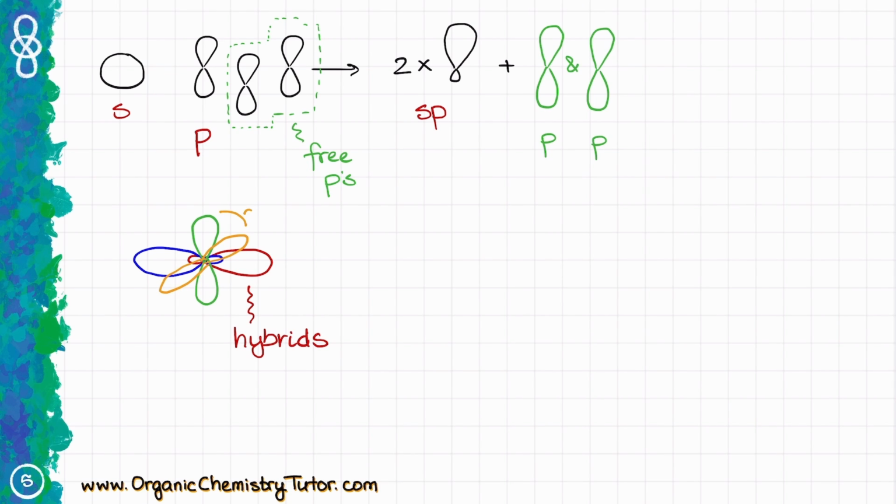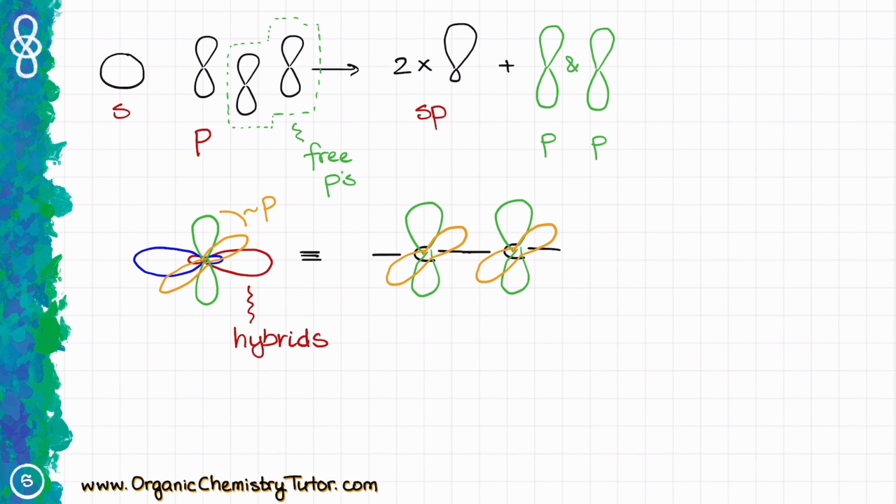So those two are the p orbitals. In other words, if I have a carbon atom, I'm going to have one p orbital over here and another unhybridized p orbital down there.